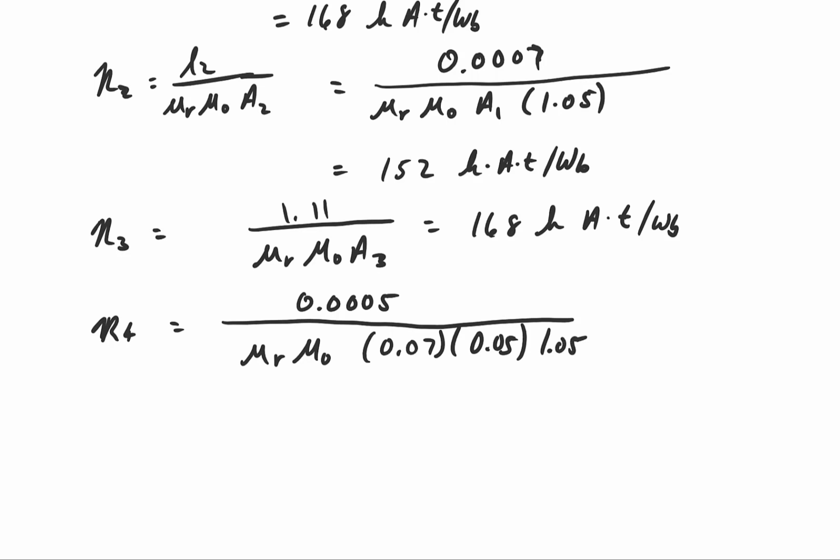This is my original area, and this is just multiplying it by 5%. So the only difference between this one and R2 is that the gap width, or the mean path length, is a little bit different. So this gives me 108,000 ampere turns per Weber.